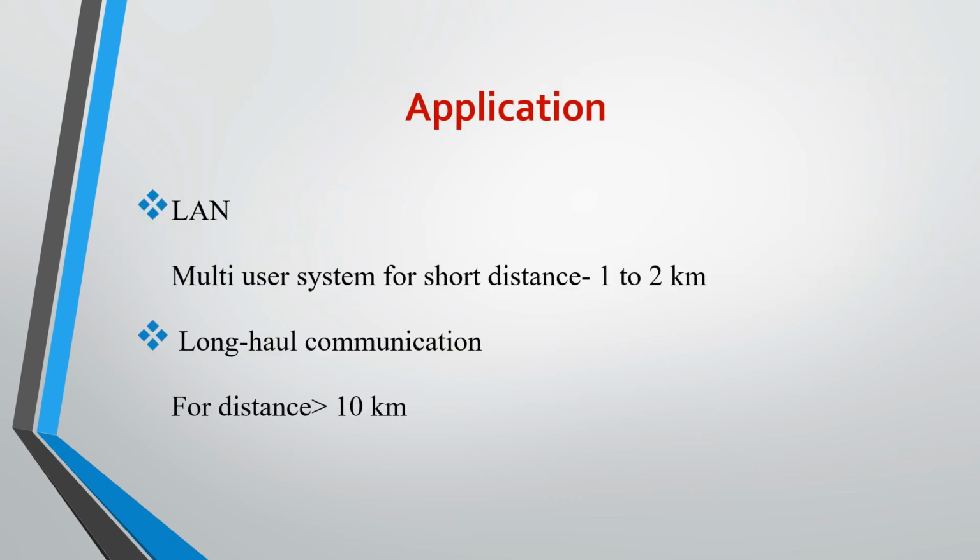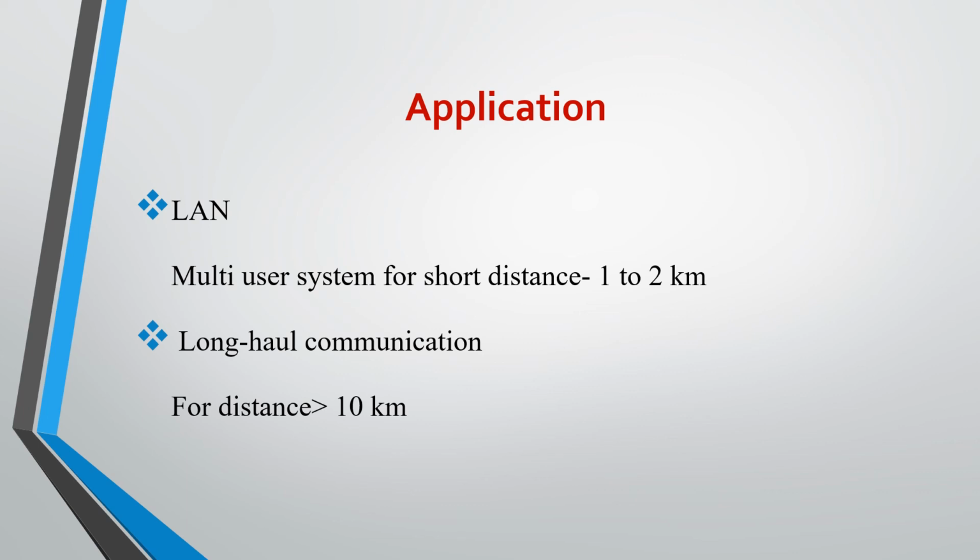Optical fiber communication systems can be broadly classified into two groups. First one, local and intermediate range systems where the distances involved are small. Second one, long haul systems where cables span large distances. Local area networks or LAN is a computer-oriented communication system.